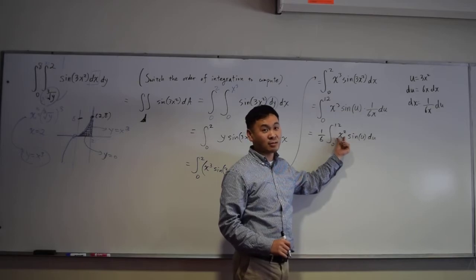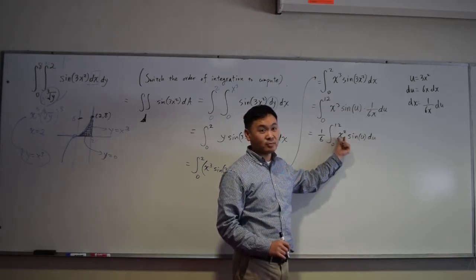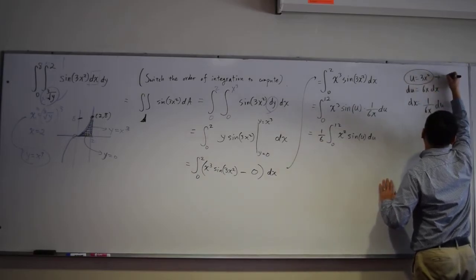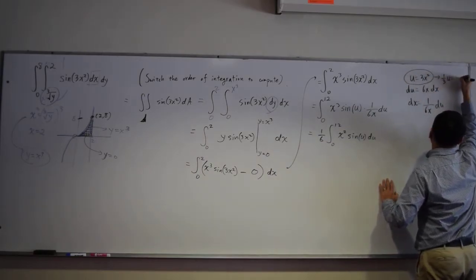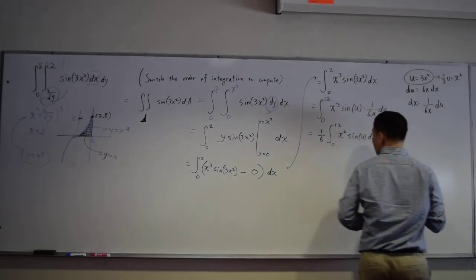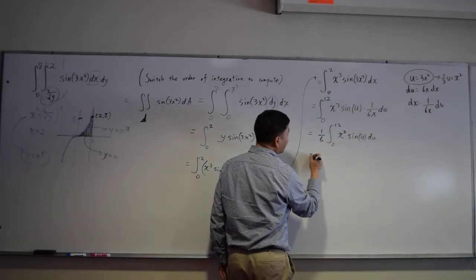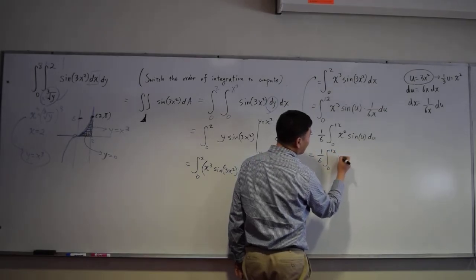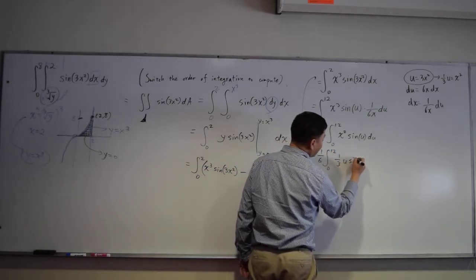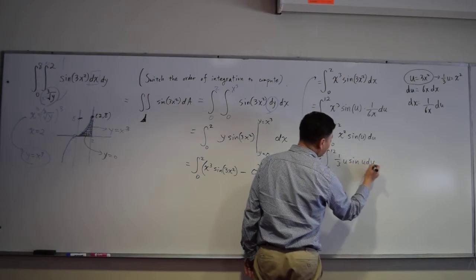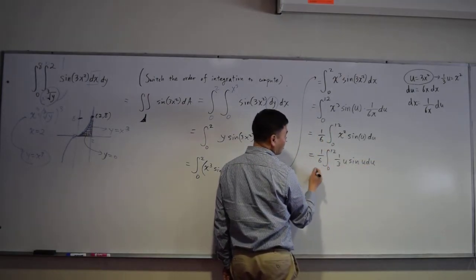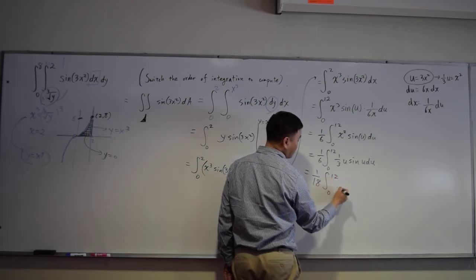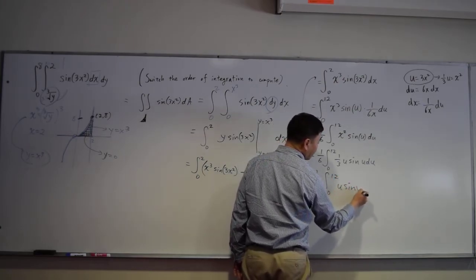How do you do that? You look at this and say, if I divide 3 both sides, 1/3 of u is equal to x squared. Therefore, now I can rewrite it as 0 to 12, that's like 1/3 of u sine u du. And 1/3 times 1/6, that's 1/18 of integral of 0 to 12 u sine u.